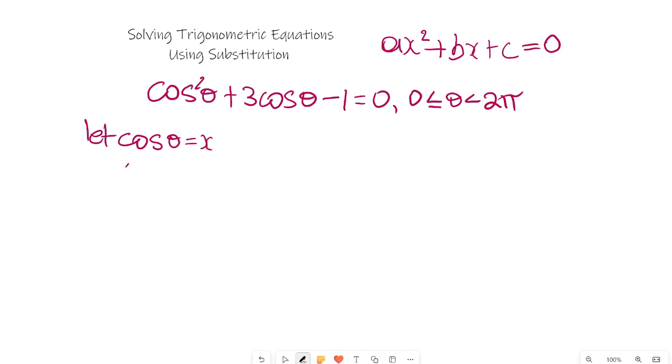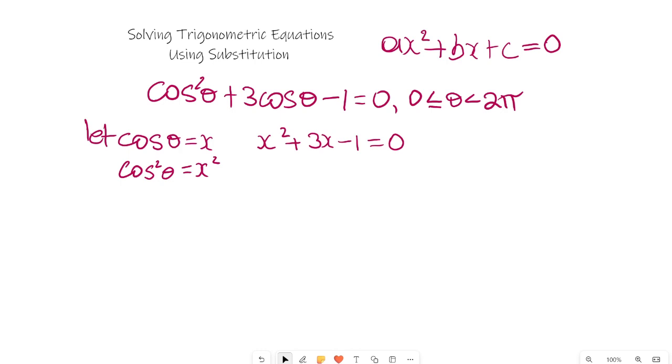That means that cosine squared theta is going to be x squared. So I can rewrite my expression. Now it becomes x squared plus 3x minus 1 is equal to 0. So now it breaks down to a standard quadratic equation that we need to solve.